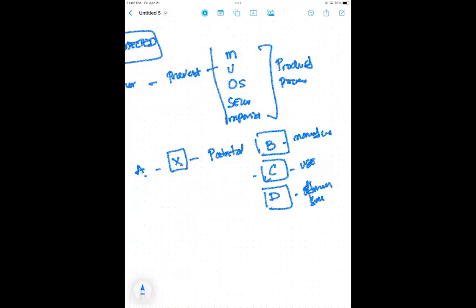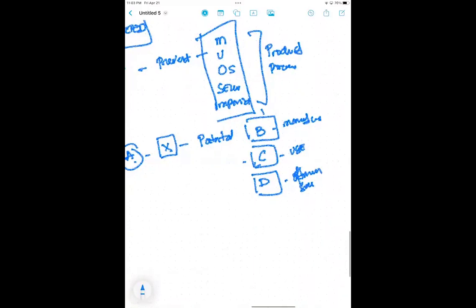Okay, so very important that you recognize these 5 acts that others or third parties cannot do without the consent of A. So let's say, for example, if B would want to manufacture, if E would want to sell, if F would want to import this X, what should they do first?